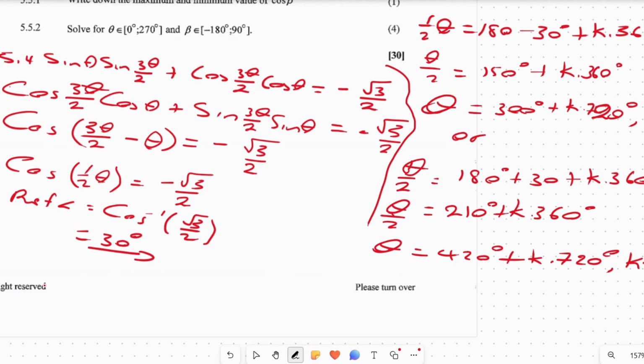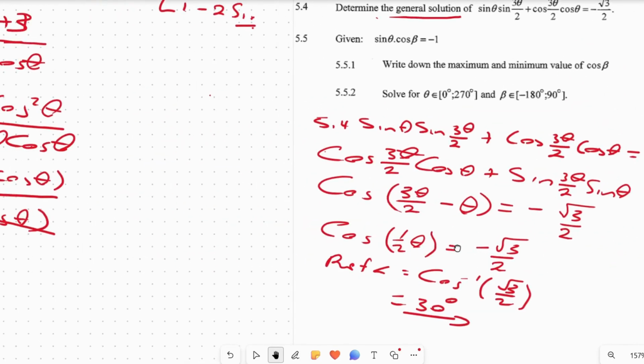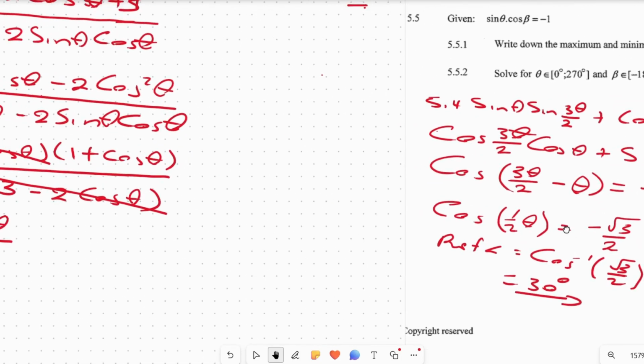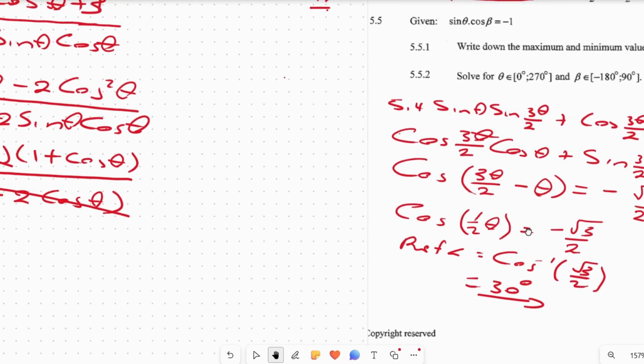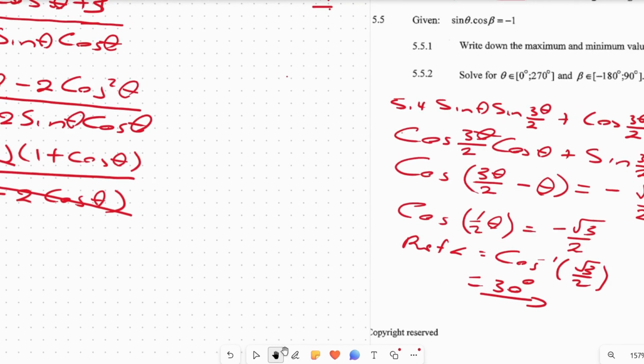And that's how I found it. Then let's look at 5.5. How do we solve 5.5? We're going to solve it in the same way.